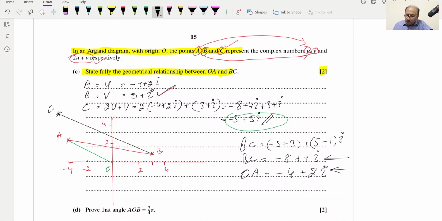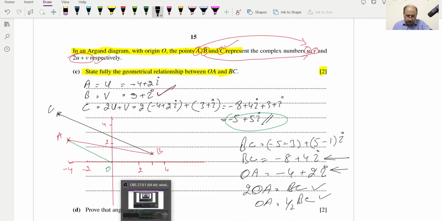If you multiply OA with 2, you will get BC. So we can write 2OA is equal to BC, or we can write OA is equal to 1 by 2 BC. So both equations are correct.